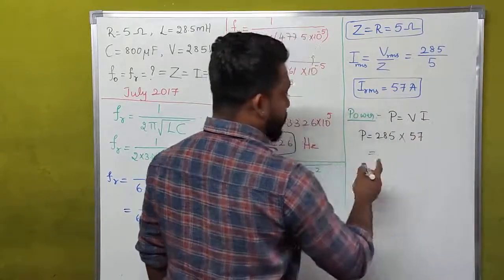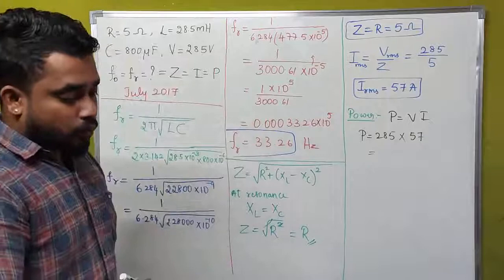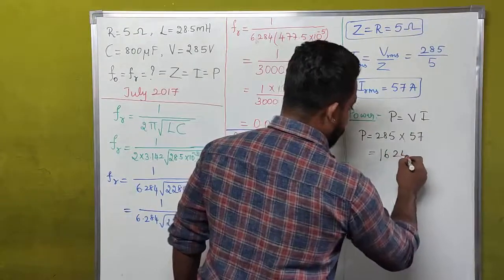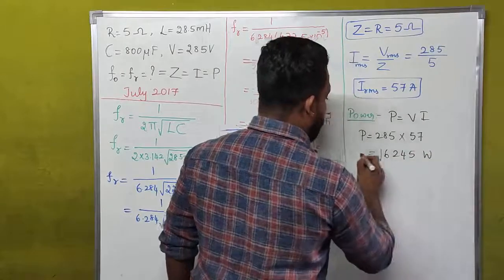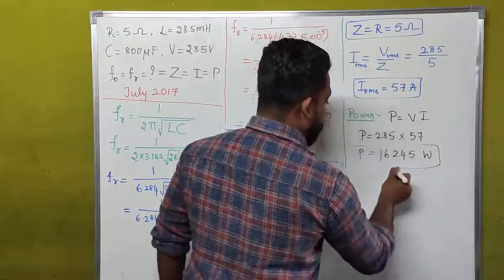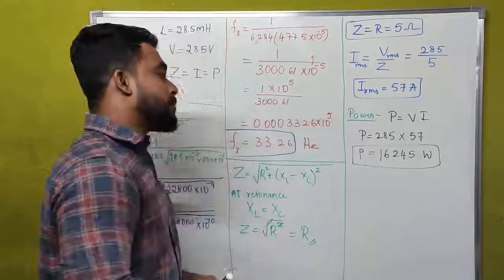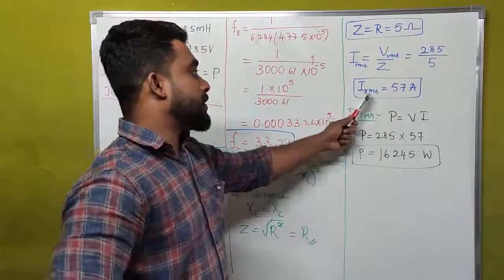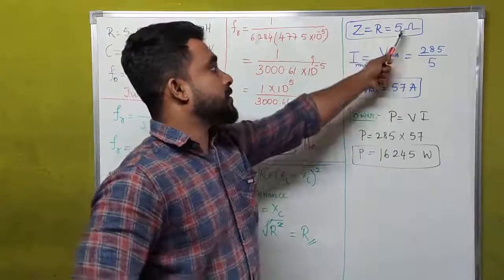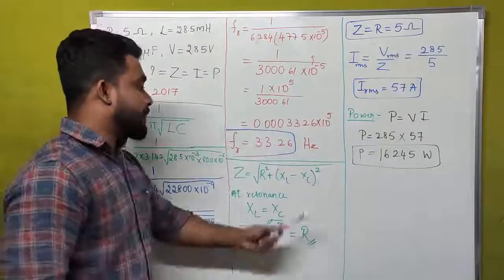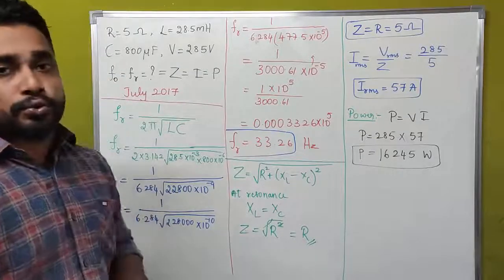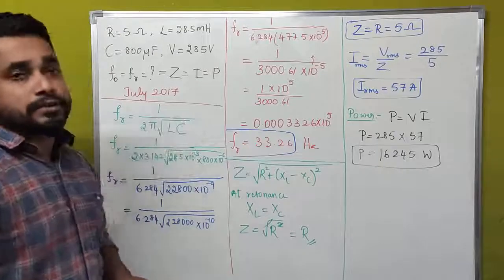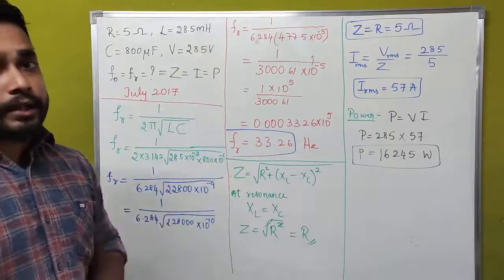If we multiply these two, we get 16,245 watts. The SI unit of power is watt. This is the power dissipated. Current is 57 ampere, impedance is 5 ohms and resonant frequency is 33.26 hertz. This is all about the July 2017 question paper problem of alternating current.